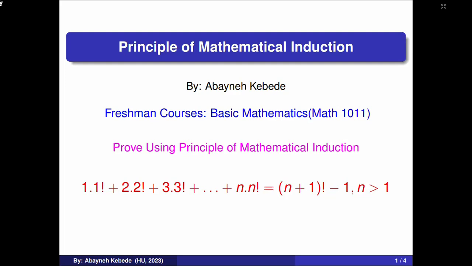In this part of the tutorial we can prove the following mathematical expression using the principle of mathematical induction. 1 times 1 factorial plus 2 times 2 factorial plus 3 times 3 factorial plus n times n factorial is equal to (n plus 1) factorial minus 1, for n greater than 1.